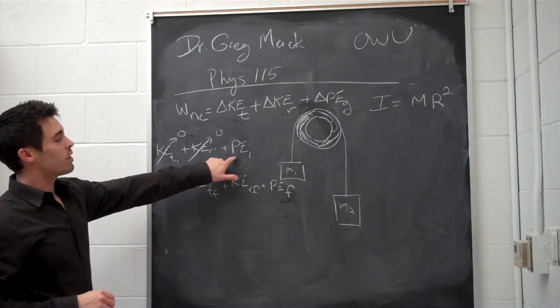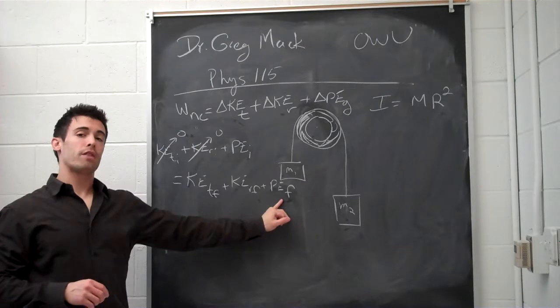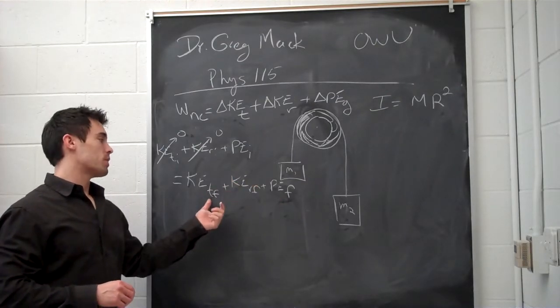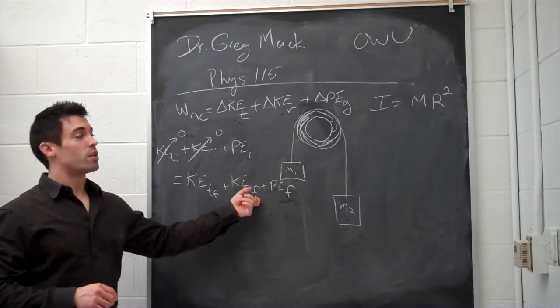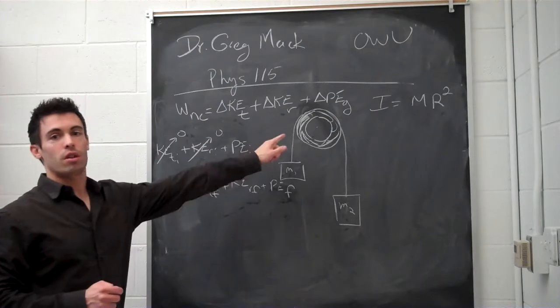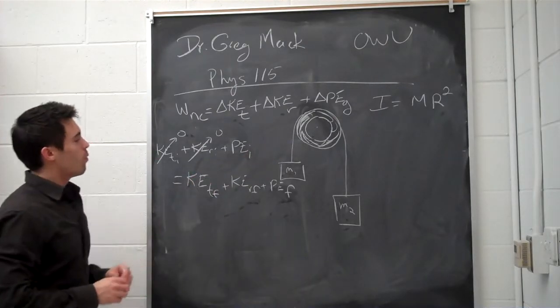So we have the potential energy of these two blocks is equal to the potential energy of them afterwards, plus the kinetic energy of the two things, that being the translational energy and the rotational energy. So the translational of these two and the rotational of that one right there. Okay. So what does that look like?